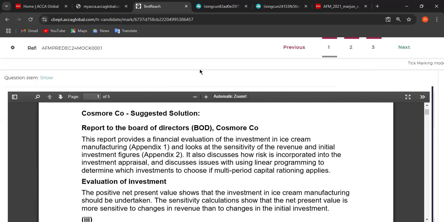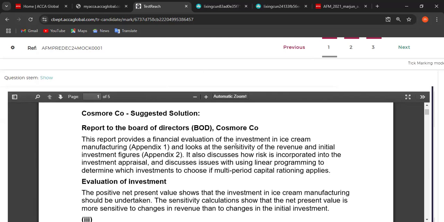In the introductory paragraph you will say: this report provides a financial evaluation of the investment in ice cream manufacturing, Appendix 1, and looks at the sensitivity of revenue and the initial investment in Appendix 2. When you tell the examiner that you have performed the calculation in Appendix 1 and Appendix 2, that is very important, because the examiner will be looking for where you performed the calculation.